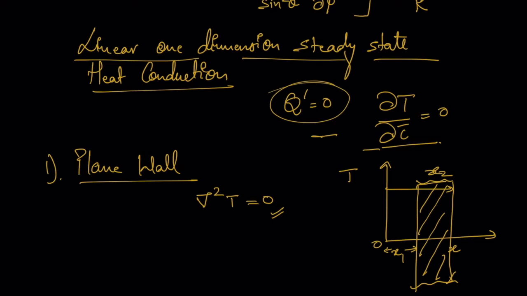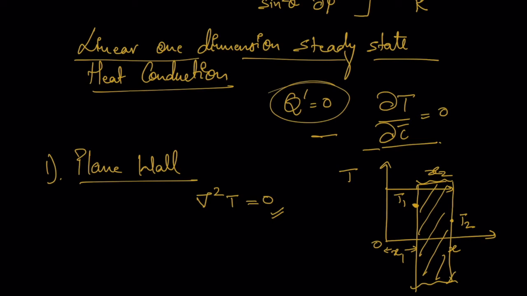And suppose the temperature here is T1 and temperature at this surface is T2. Okay, so we are going to derive what will be the heat flow.